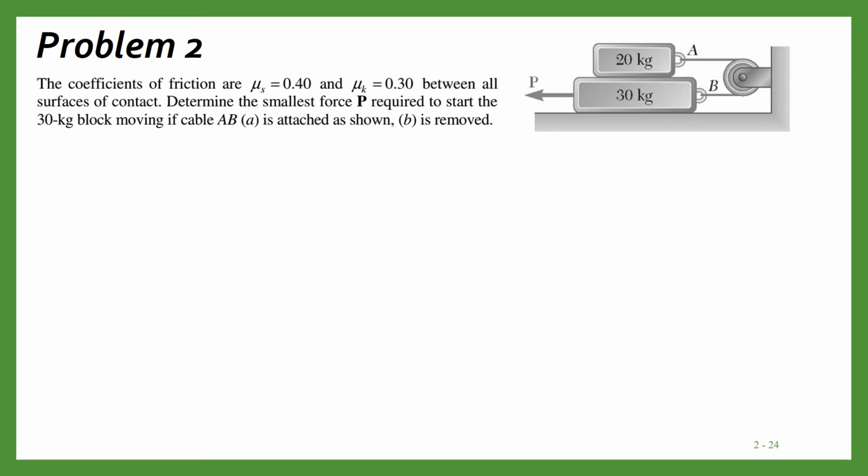So let us make the free body diagram, okay. So first we will make the free body diagram of 20 kg block. So in this we have W, then we have a force of tension, then suppose this block will move in this direction, then we have friction force here, and we have a normal force, okay.